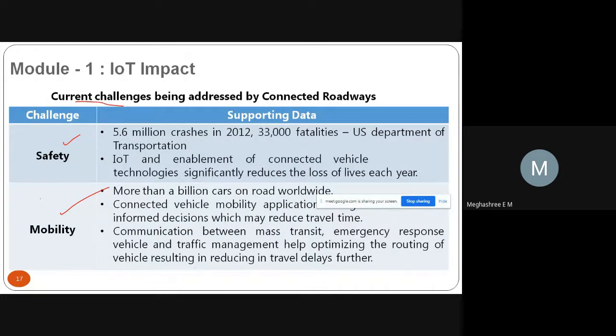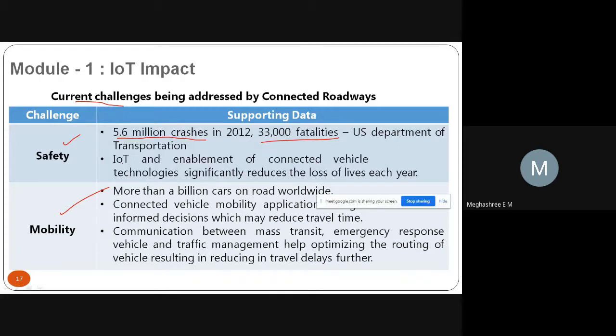When it comes to safety, in 2012 there were 5.3 million crashes and 33,000 fatalities in the US. When connected roadways are used, with respect to IoT, it reduces the loss of lives each year. Why is that so? Because it reduces accidents, as it uses transportation infrastructure that is connected to the internet.